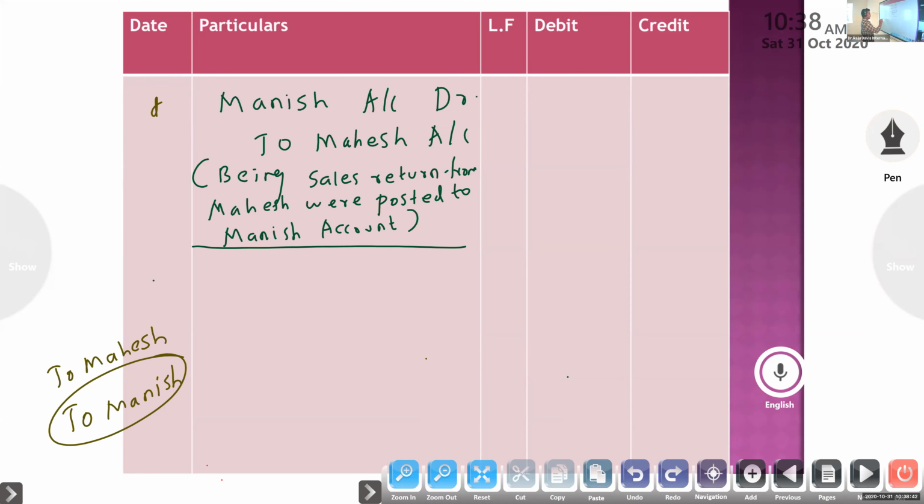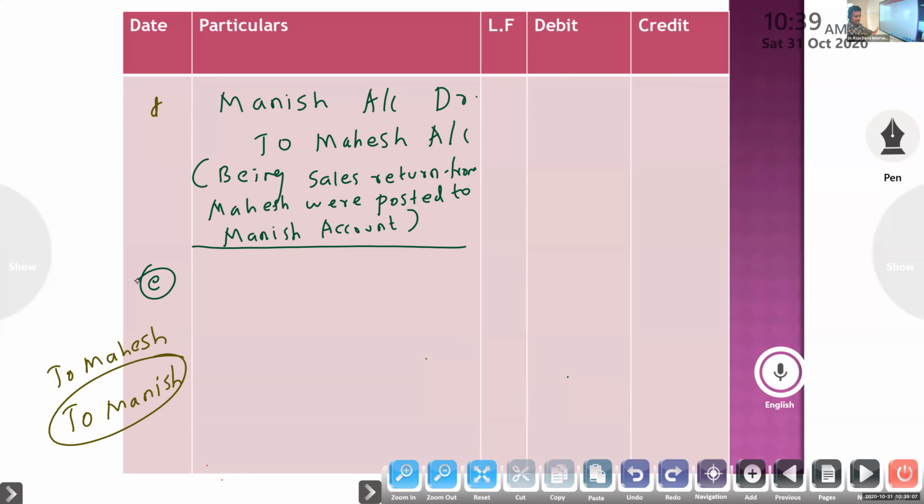Next, Aparna: cash sales were posted to commission. One thing you have to remember: the books of original entry are the cash book, purchase, sales, purchase return, and sales return.